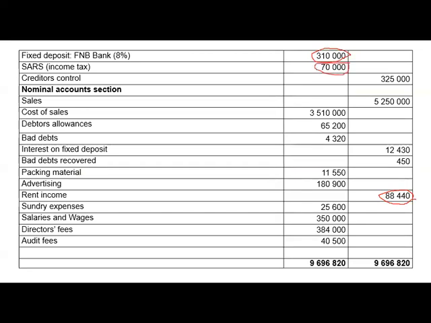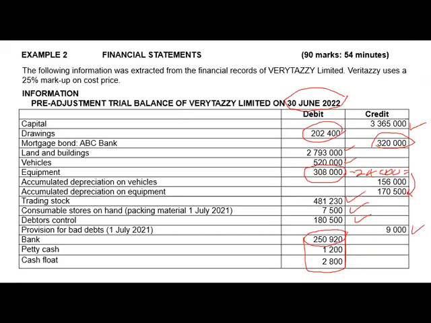Ooh, okay. And creditors control is done. Am I missing anything else? This side, I am not missing anything at all. Good.